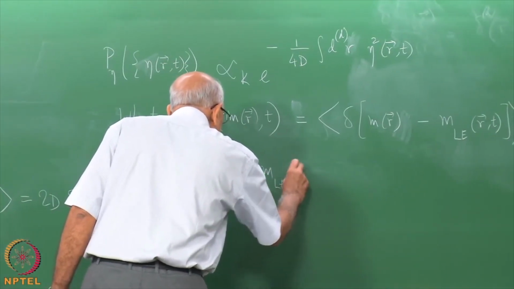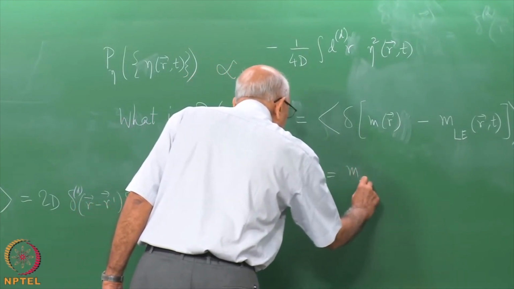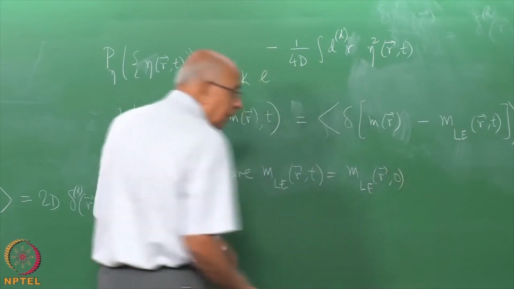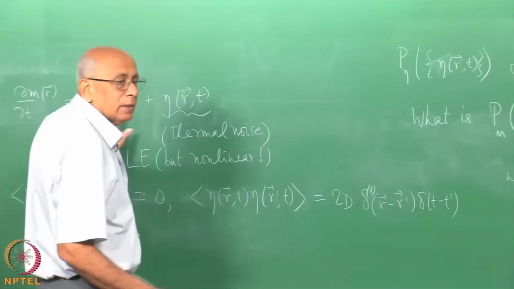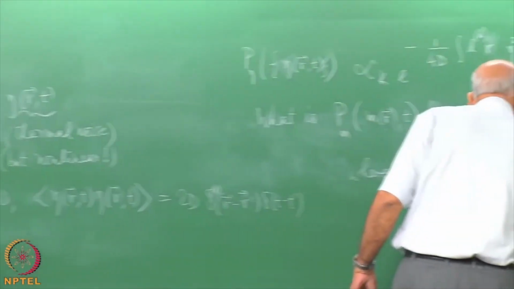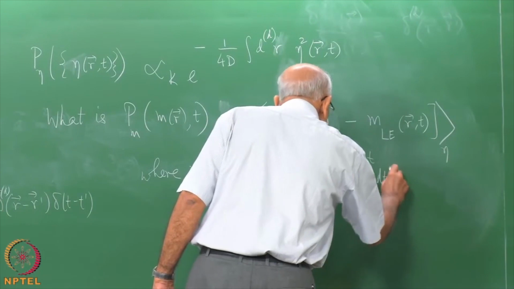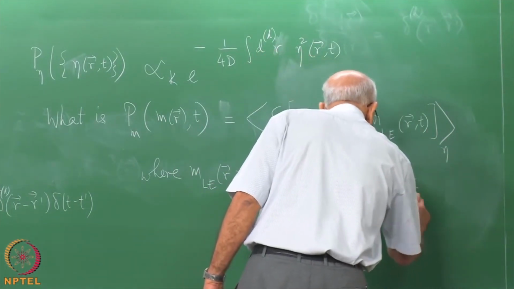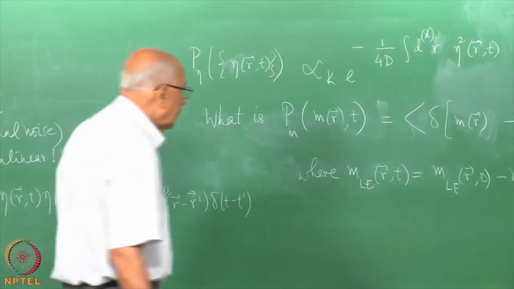Where m LE of r and t equals m LE of r and 0, you give me the initial configuration and then you have to solve this equation. So, it is just minus gamma times integral 0 to t dt prime delta L over delta m. Do you want the subscript LE for the m at 0? That is what you give, right?